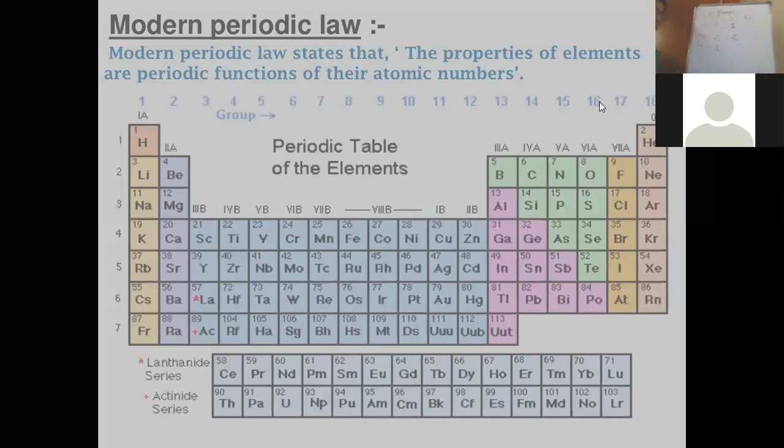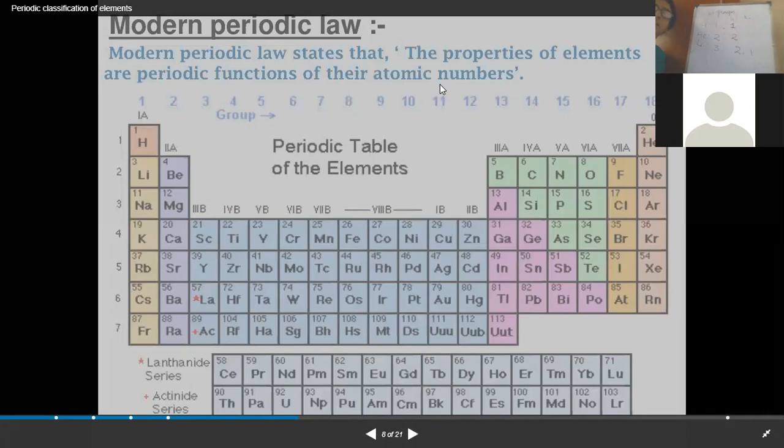Then for helium also, because the capacity of the K shell is 2, the 2 electrons will be there in the K shell. But for lithium, it will be 2 and 1. So the elements in the first period, where hydrogen and helium have been placed, is called a very short period.